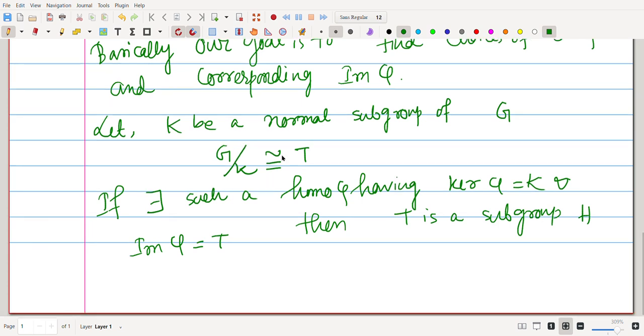And again, you have an isomorphism from G mod K to T.